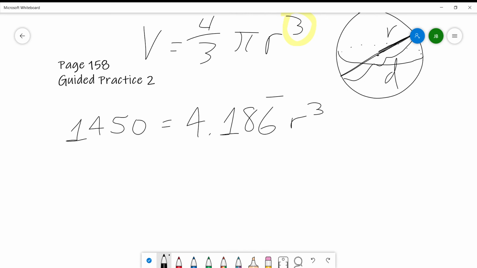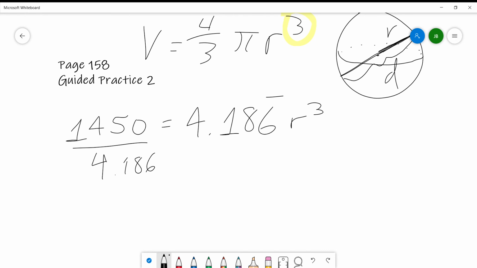We're going to divide both sides by that 4.186 repeating. I'm going to just hit the reciprocal button because I'm magical like that. Times 1450, we get 300. So divide both sides by 4.186. And we're going to get 346.34.